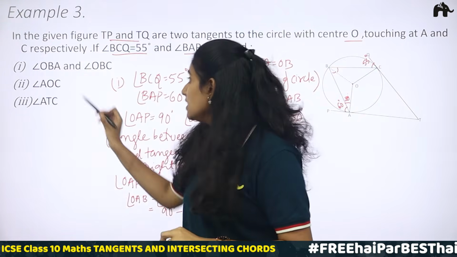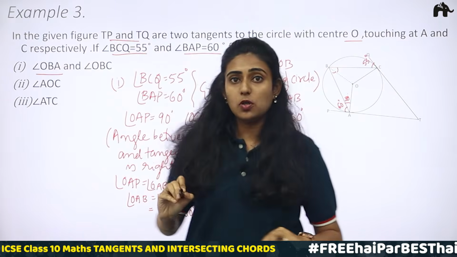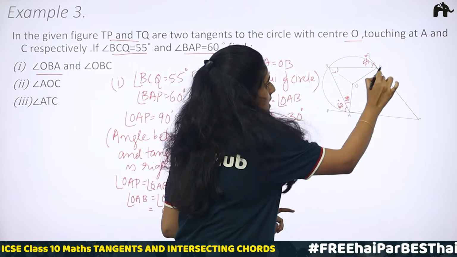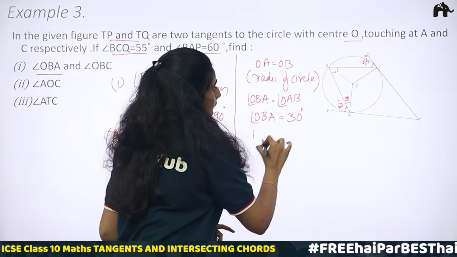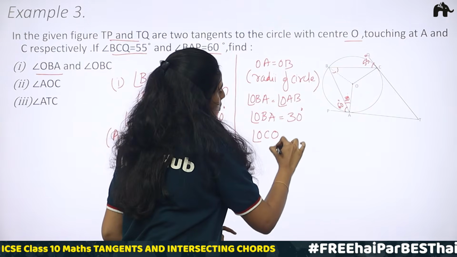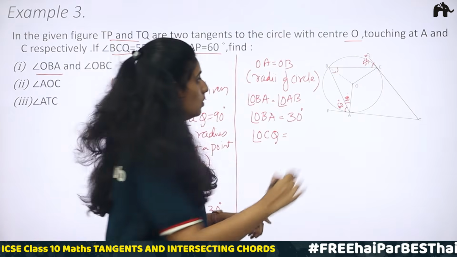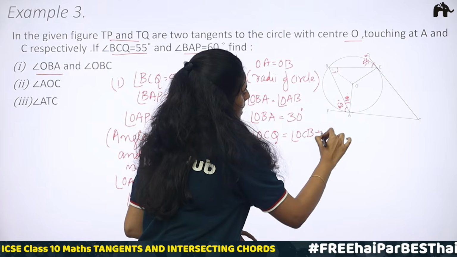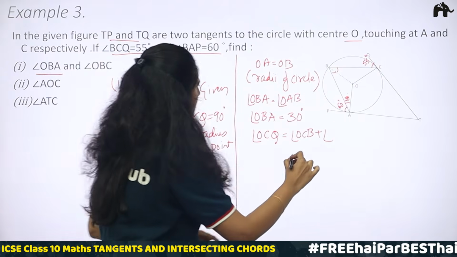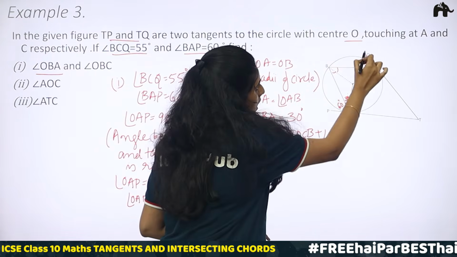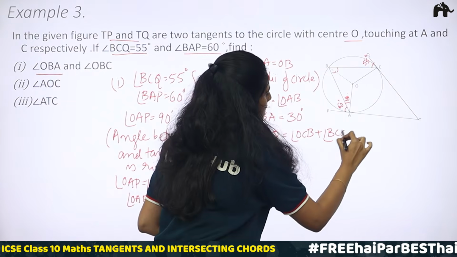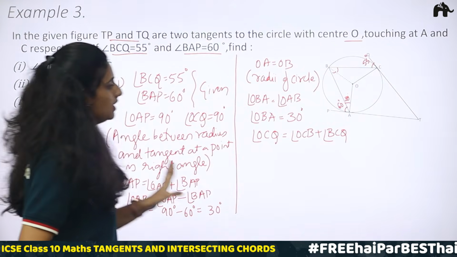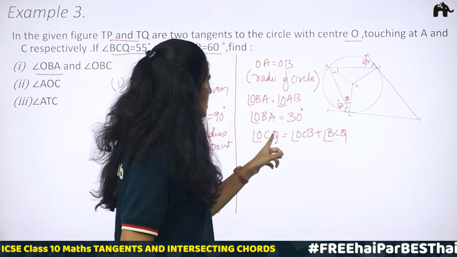So we determined OBA. What about OBC? To find OBC, take this entire angle, angle OCQ. OCQ will be equal to angle OCB plus angle BCQ. BCQ is given as 55 degrees. What about OCB?